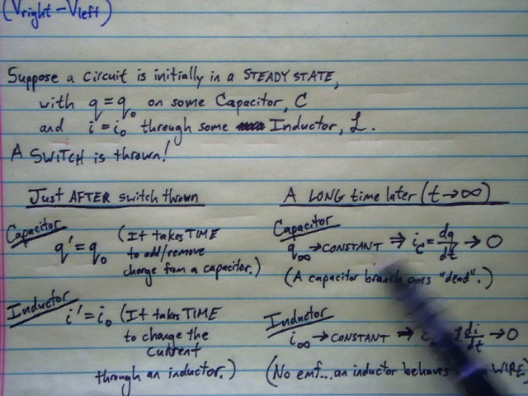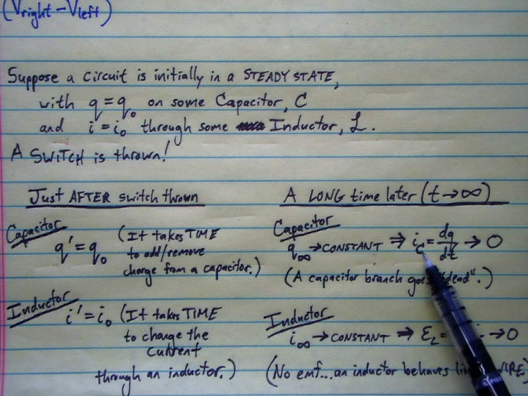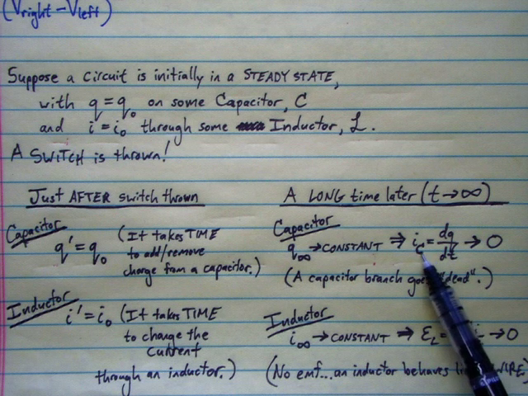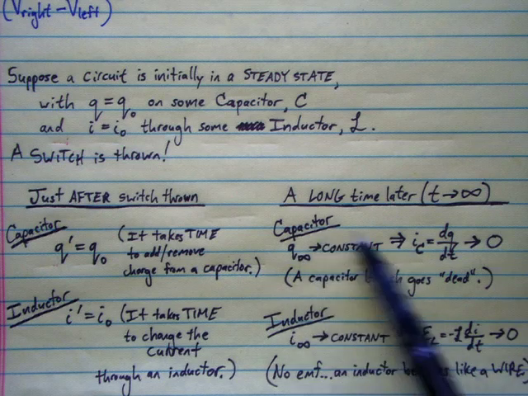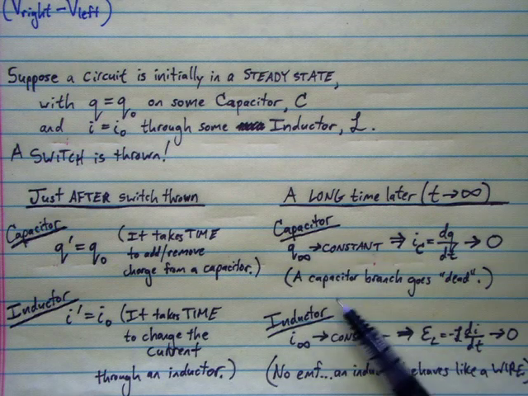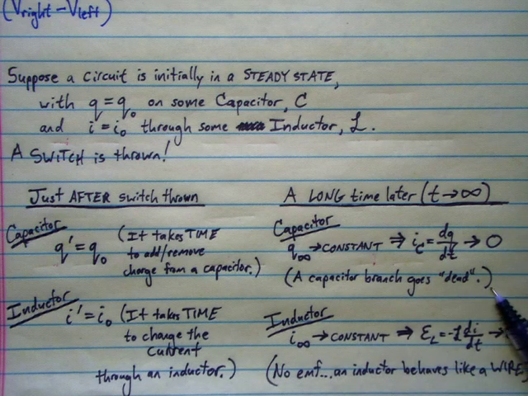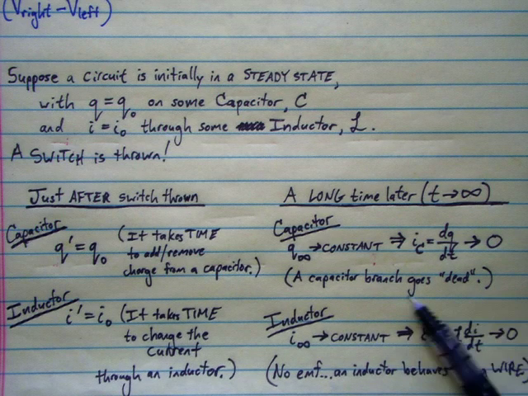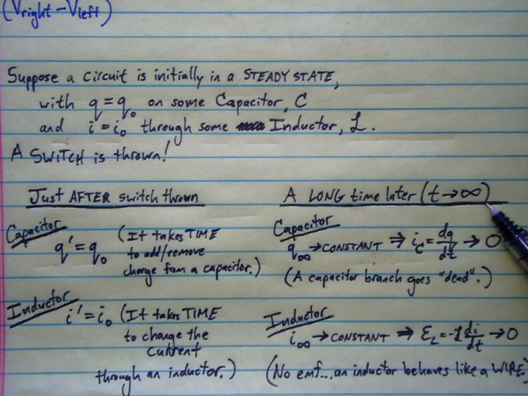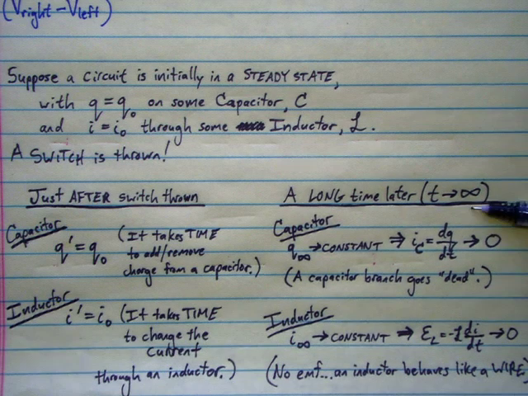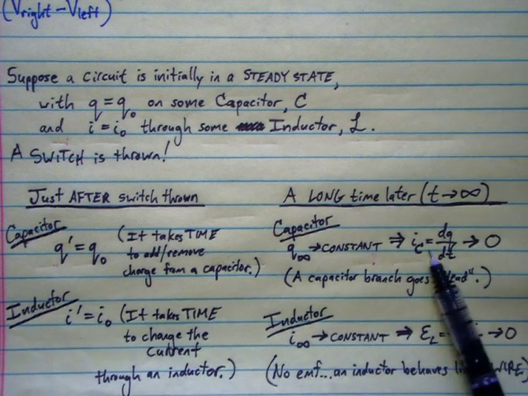In other words, the current delivering charge to that capacitor has to go to zero if we wait a really long time so that charge can approach its final constant value. A capacitor branch goes dead in the sense that eventually current stops flowing through it if we wait long enough. That's the long-term behavior of a capacitor. No more current flowing through it.